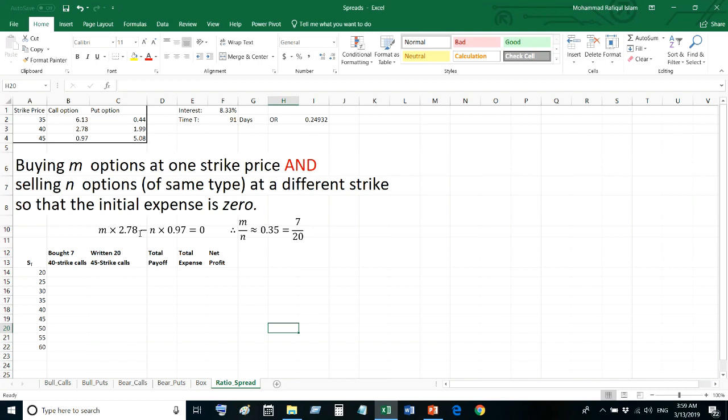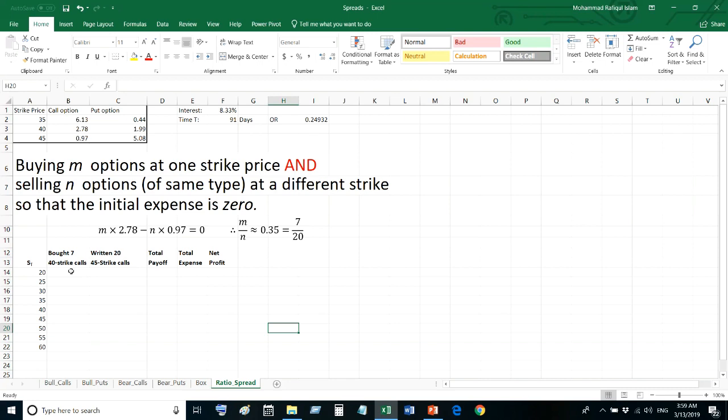Using this equation here, we get M over N equals 0.35, which is approximately equal to 7 over 20. So it says that if we buy 7 40 strike calls, then we have to write 20 45 strike calls in order to make the ratio spread.